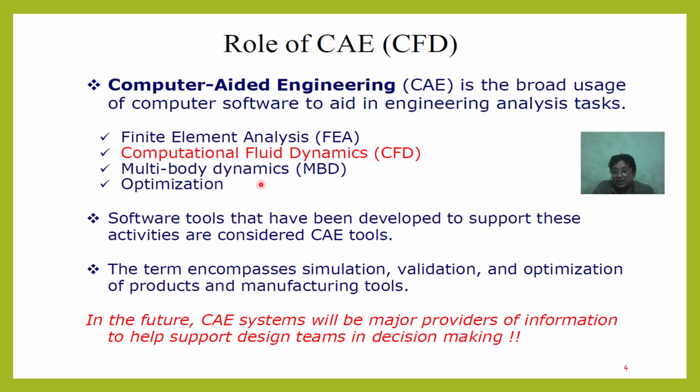Then multi-body dynamics, which we generally use in process industries and other areas, followed by optimization. These are the four areas. Software tools that have been developed to support these activities are considered CAE tools.